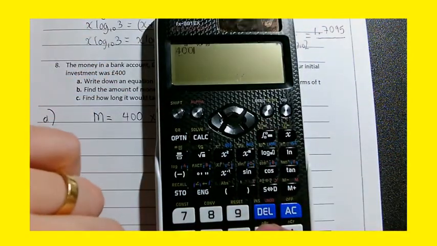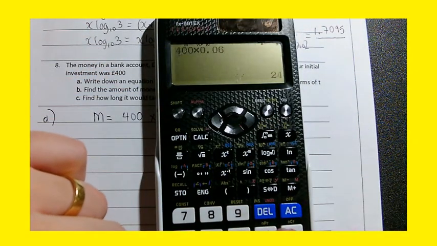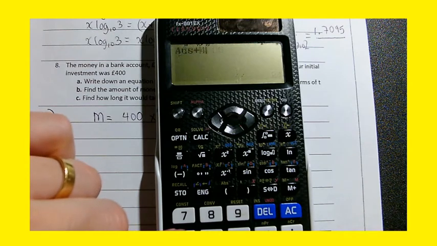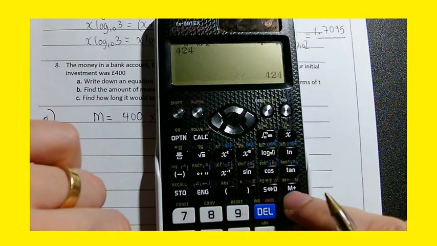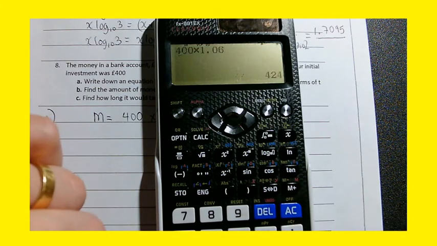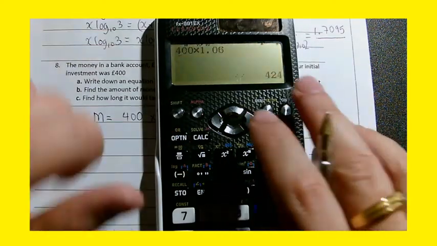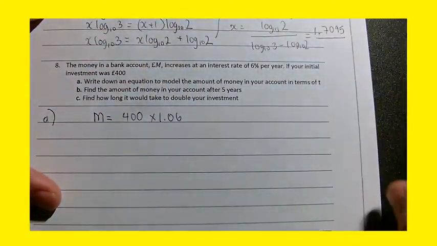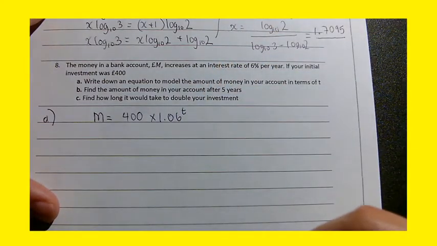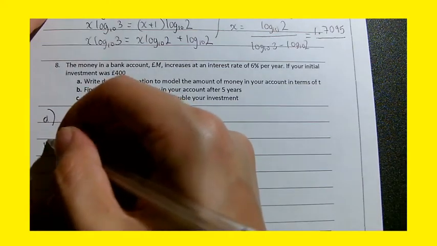So 400 times 0.06 is £24. So it gains £24 in interest, so you get 424. How can I get to the answer really quickly? 400 times 1.06. So after the first year, it's £424. So the general formula will be 400 times 1.06 to the power of t, t being the number of years.